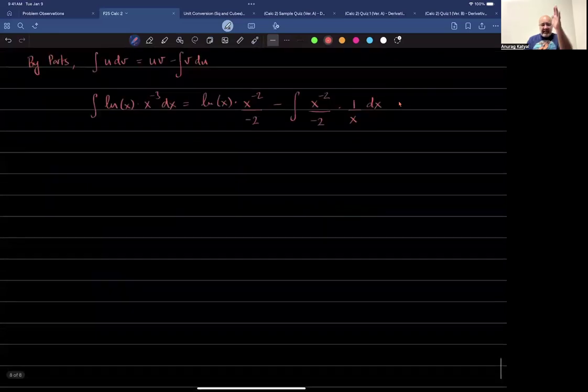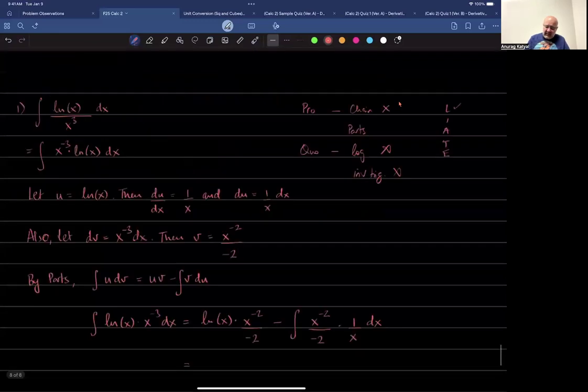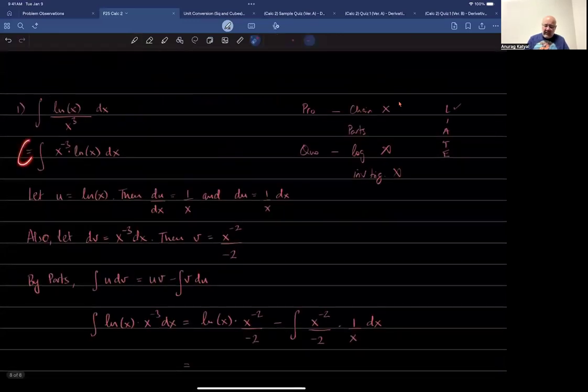Equals. Notice I'm lining up my equals. Even here, I guess there's only one equal, but if there was something else I was going to do, I'd line up my equals underneath it.